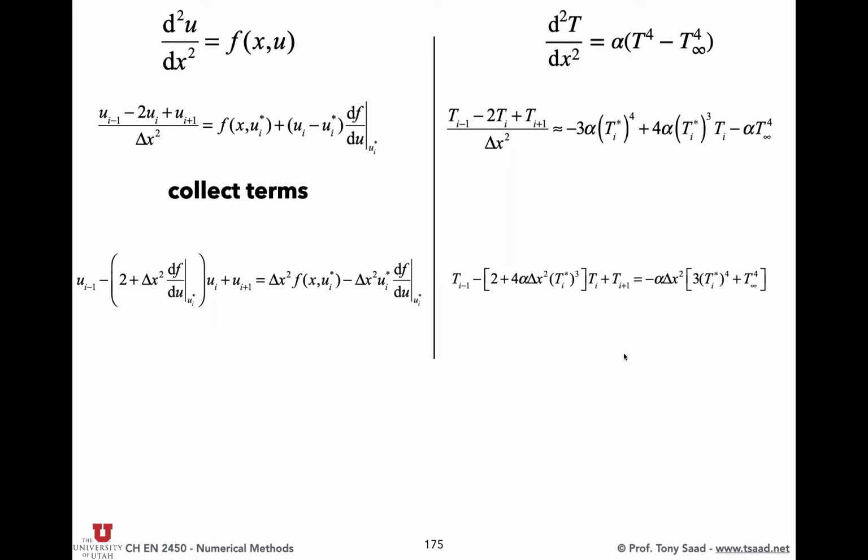At point I, the linear equation is given by t(i-1) times some coefficient, plus ti times 2 plus 4 alpha delta x squared, etc., plus t(i+1) times some coefficient. Again, our unknowns are the ti's, so t(i-1), ti, and t(i+1), and that gives you a system of equations, and these equations are linear.